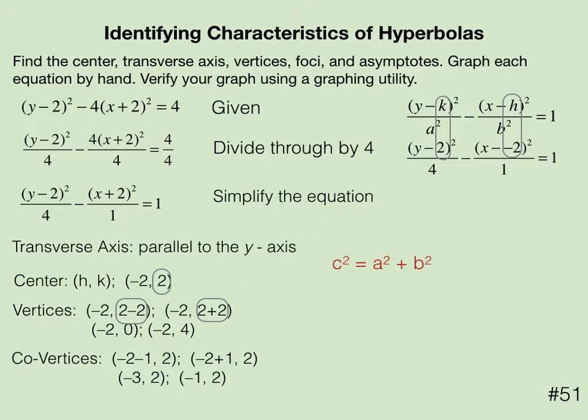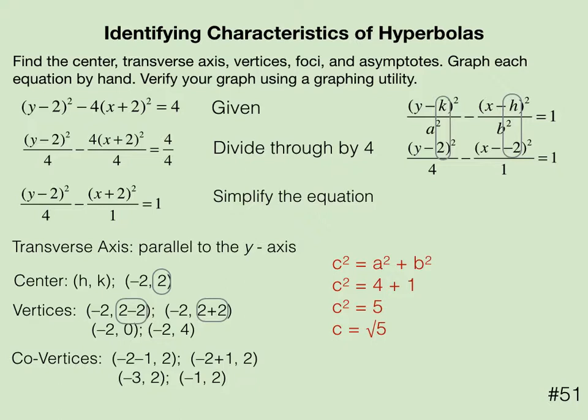Now to get the foci, I want to use this equation and substitute in a squared, which is 4, and b squared, which is 1. So I know c will be the square root of 5. That means my foci will be located the square root of 5 units away from my center.